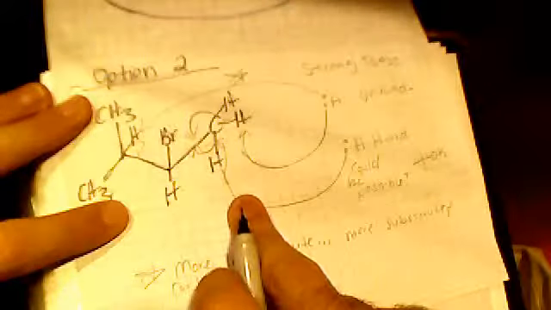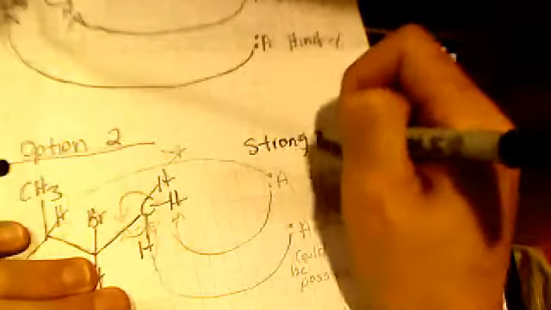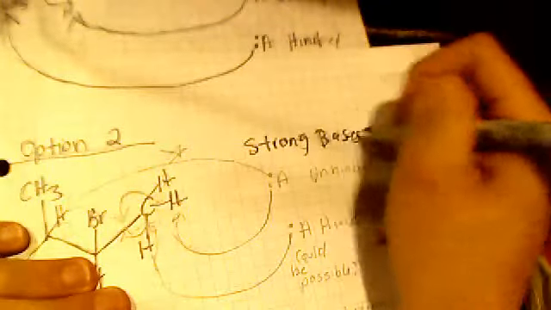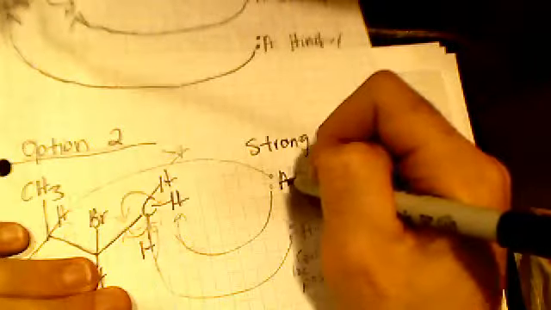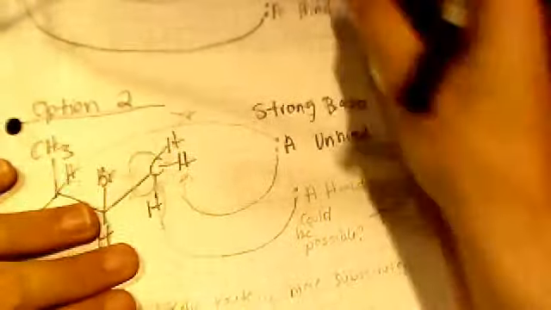The bromine is on the secondary carbon. So again, we're dealing with strong bases. So A, if it was unhindered, A is the unhindered base.